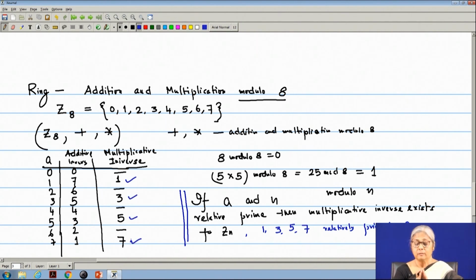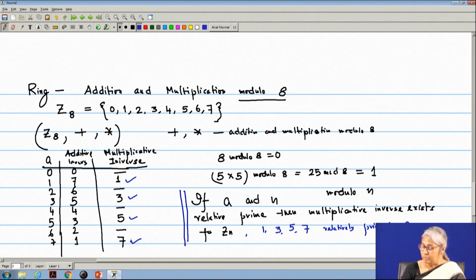That is why Z8 under modulo addition and multiplication is not a field.